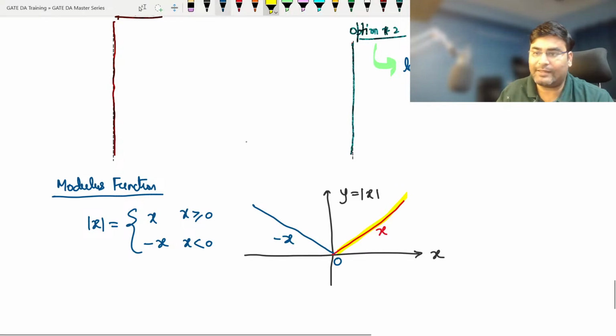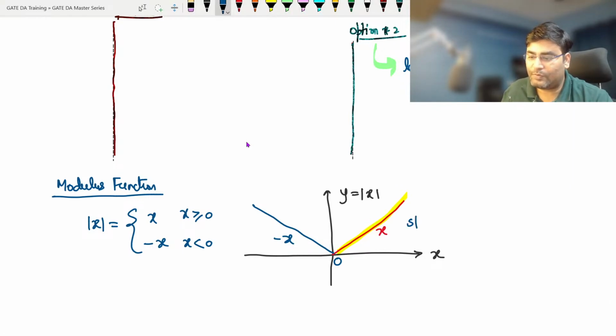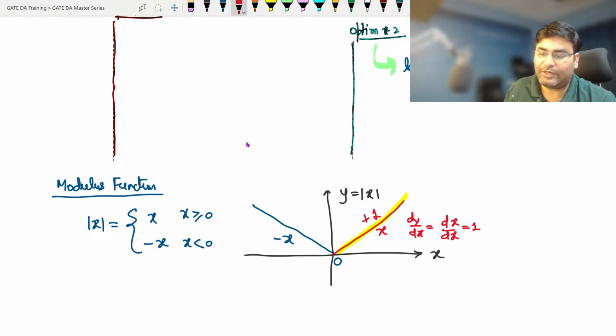What is the slope for this? dy by dx is the slope, which is going to be 1. So slope here is positive 1. And if you find the slope here, it will be minus 1. So you can clearly see that you have two tangents of different slope at the same point.